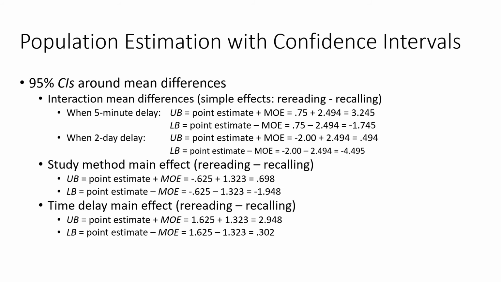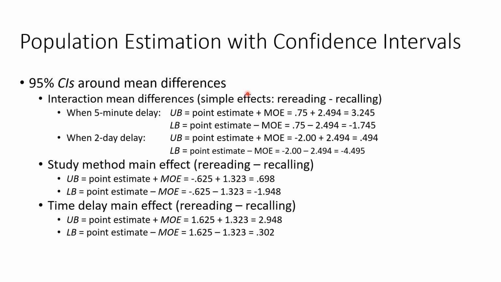The next step is estimating population parameters with confidence intervals. Now, we know we're going to get very large estimates here because our sample sizes are so small. But to walk us through this interpretation, when you're interpreting these confidence intervals around simple effects, it's important that you understand which way the simple effect was generated.